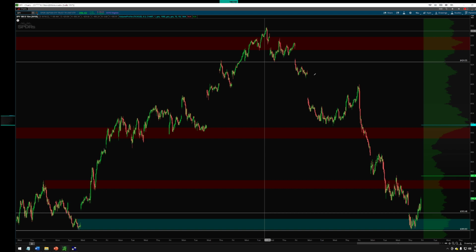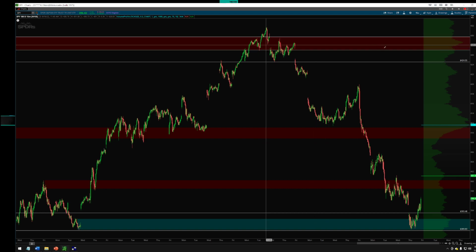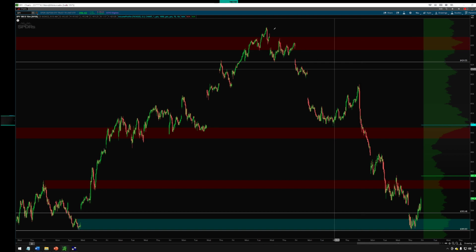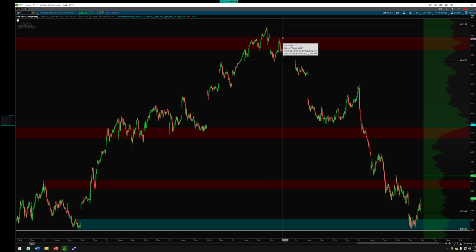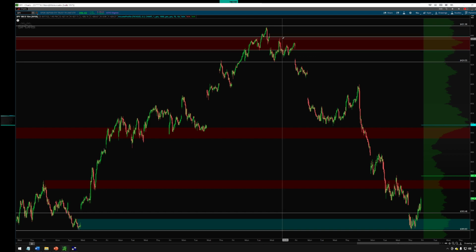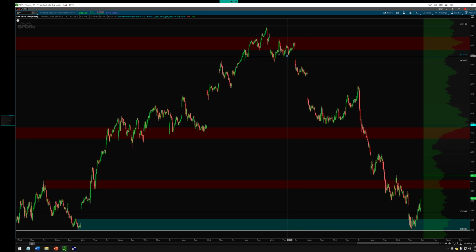For example, here, if for some reason I'm going to take this one in the future to the downside, I know that the stop has to be here. So now I just have to see how the price action behaves. I'm going to take it in either of these areas, or on a break of this one.